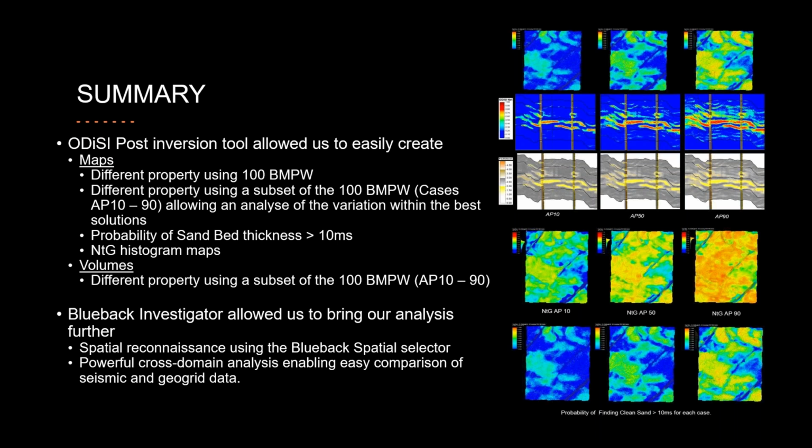We also created probability of sand bed thickness greater than 10 milliseconds. The 10 milliseconds is a parameter that you can change. And we also created net to gross histogram maps, which is your first step to understand the variation within your 100 best match pseudo-well. We've also created volumes of different properties using a subset of the 100 best match pseudo-well.